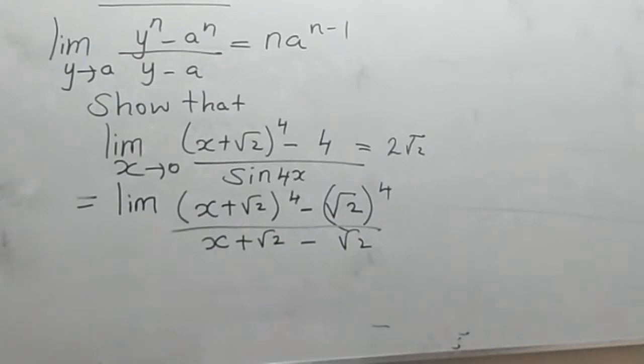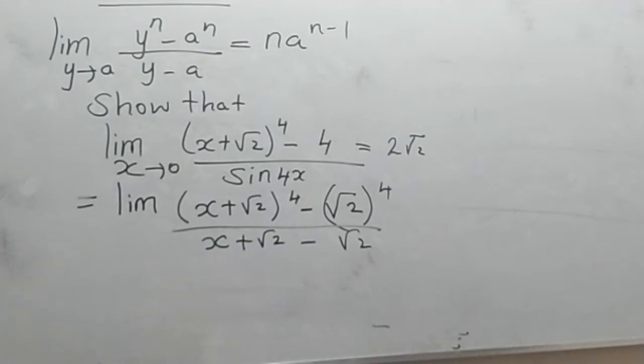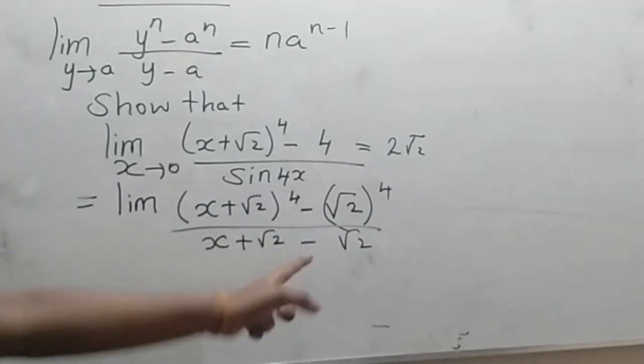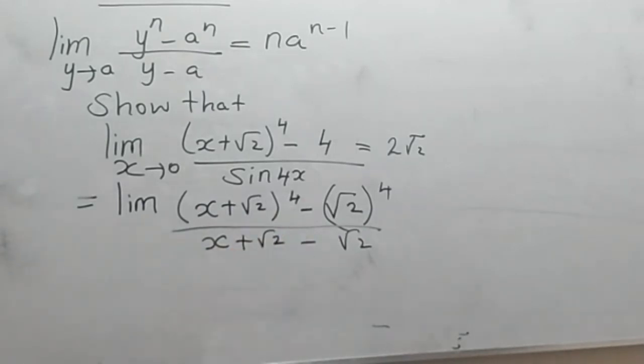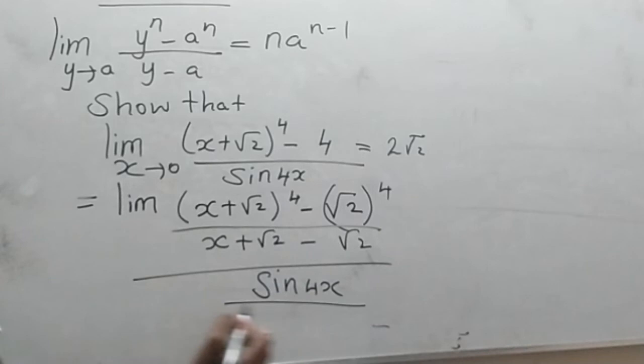Then only we can set it into this form. So what I am thinking is, I can add plus root 2 and minus root 2. Nothing any problem. Next, if you say plus root 2 minus root 2, 0. Then there is x here. So, I need x. In order to get that x, what I am planning to do is, I am going to divide up and down by x.